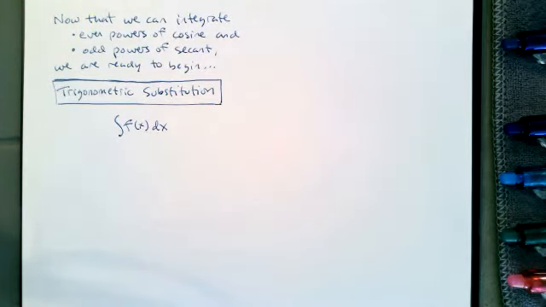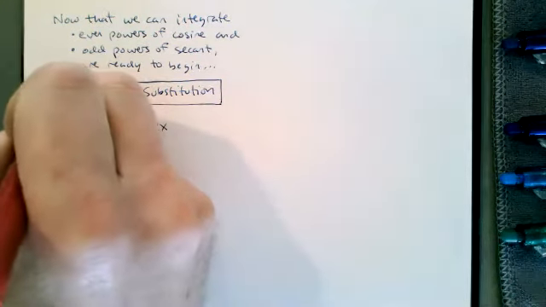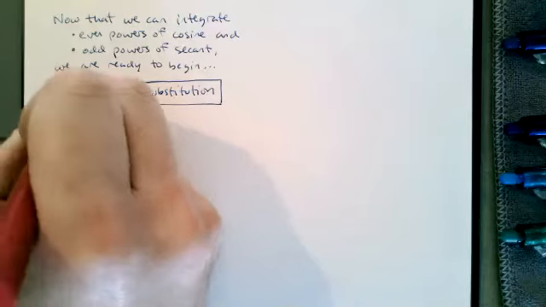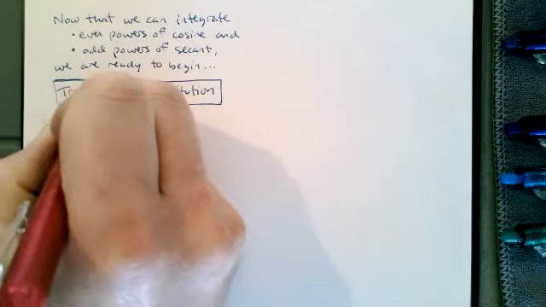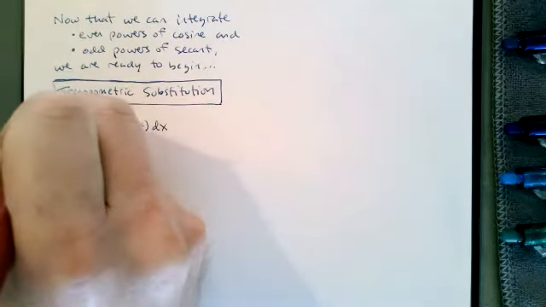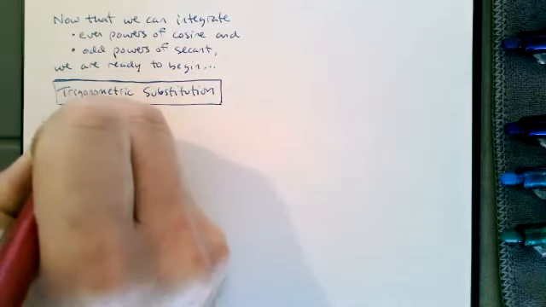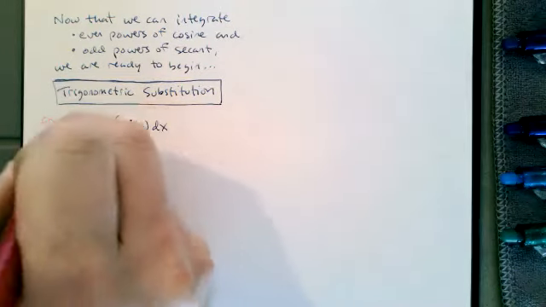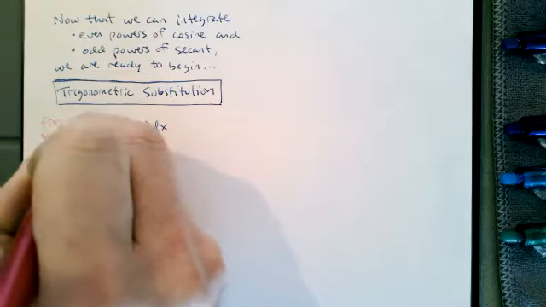What it's for is integrating functions of x that involve usually square roots of unfactorable quadratics. They could be factorable. Square roots of quadratics. So f of x involves square roots of quadratics.